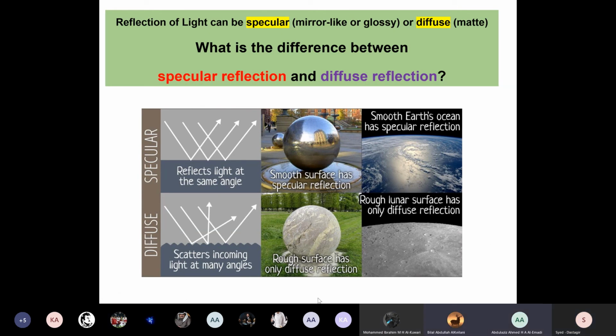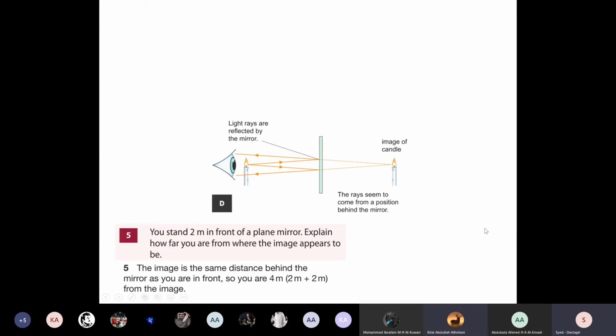The specular is the angle of reflection is equal to the angle of incidence, and the diffuse reflection is the light reflected by most opaque materials is scattered, so that it travels in all the directions. Yes, so the main difference is that specular reflects at the same angle, whereas diffuse, there's many different angles and it's scattered, as you can see from the diagrams.